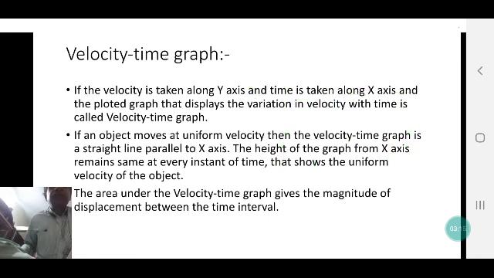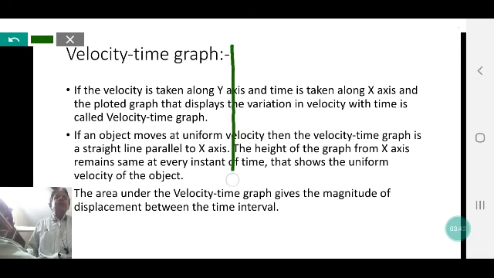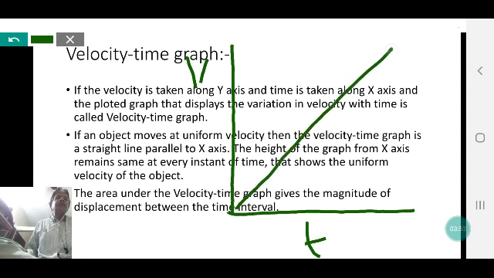Next, we also discuss the area under the velocity time graph. These are the things we will interpret from the velocity time graph. The area under the velocity time graph gives the magnitude of displacement in the time interval. Here it is a velocity time graph, with velocity V on the y-axis and time on the x-axis.